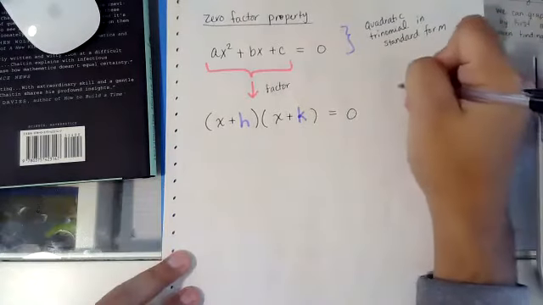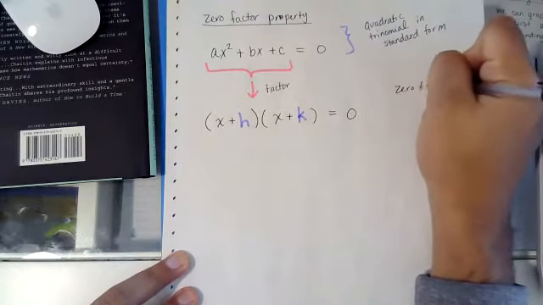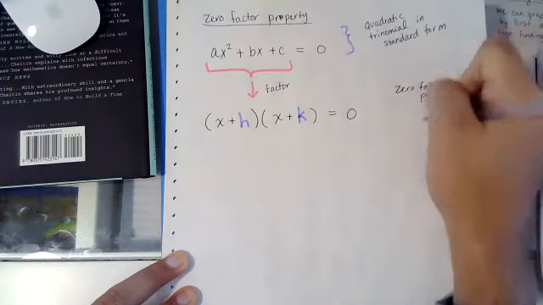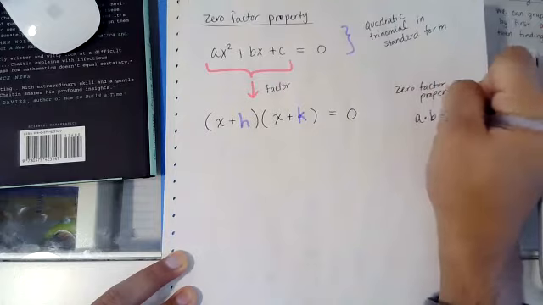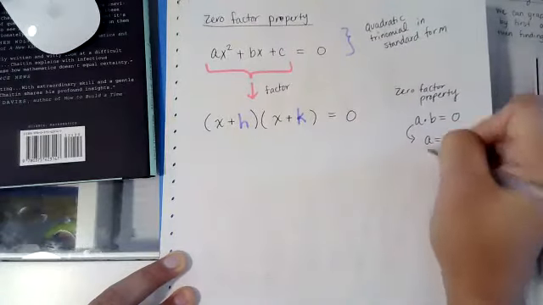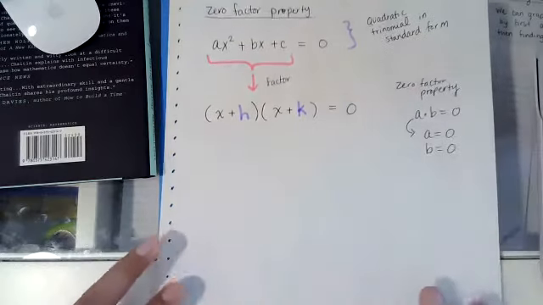So the zero factor property says that something times something else equals 0 implies that either the first thing is 0 or the second thing is 0.